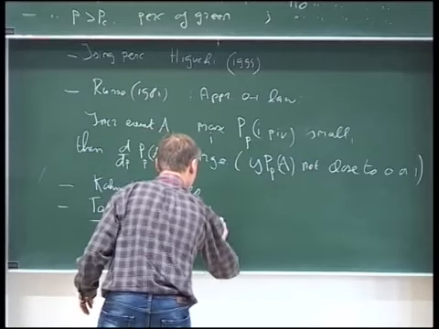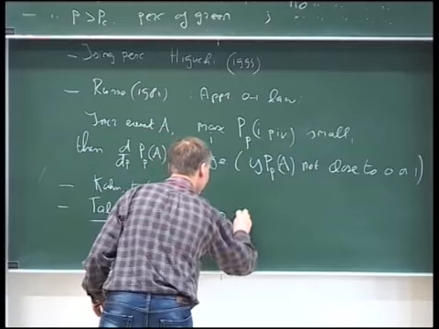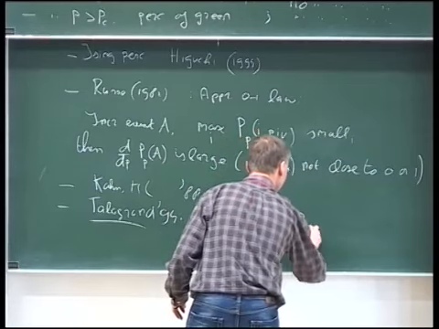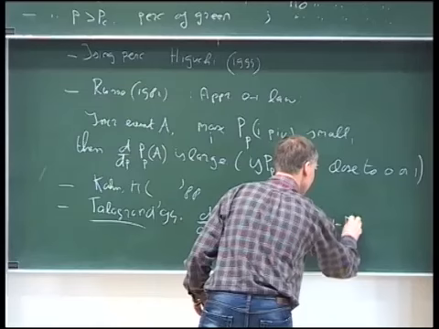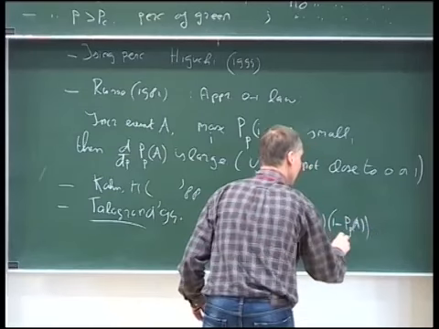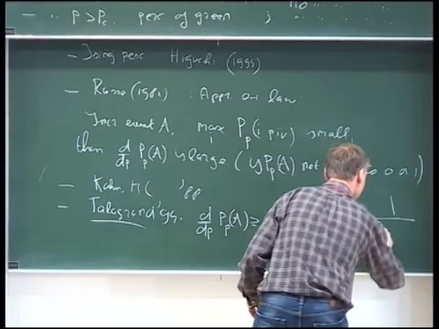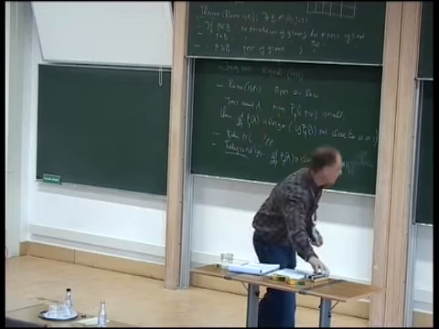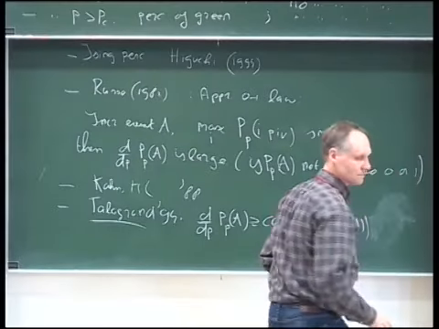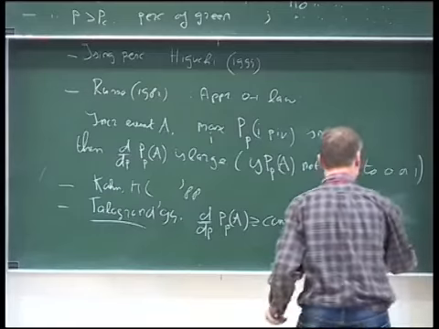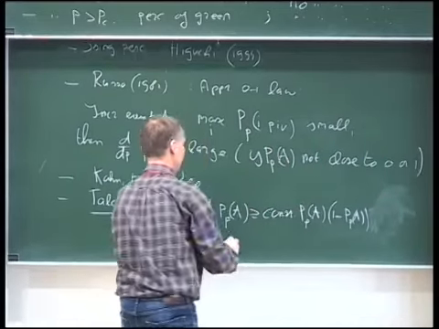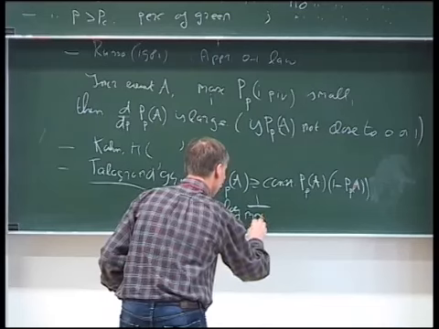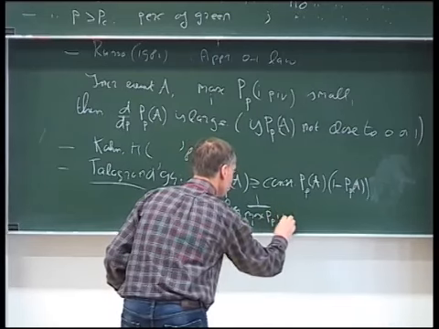He proved that the derivative of the probability of A is larger than or equal to some constant times the probability of A times 1 minus the probability of A times the logarithm of 1 over the maximum over I of the probability that I is pivotal.